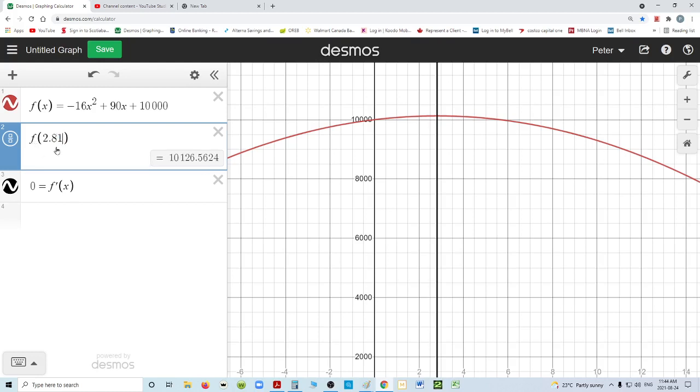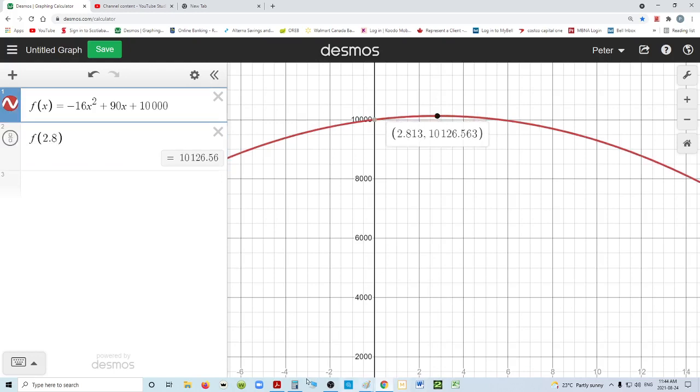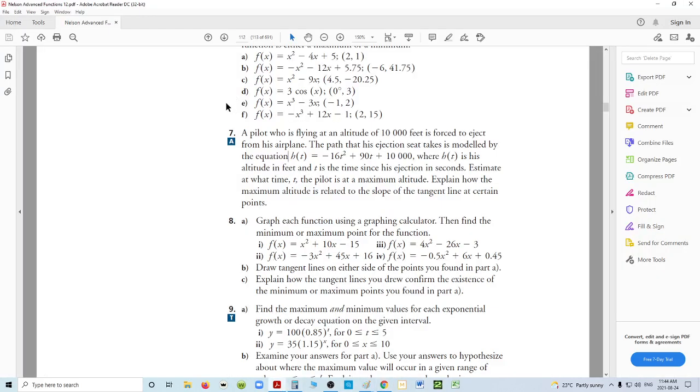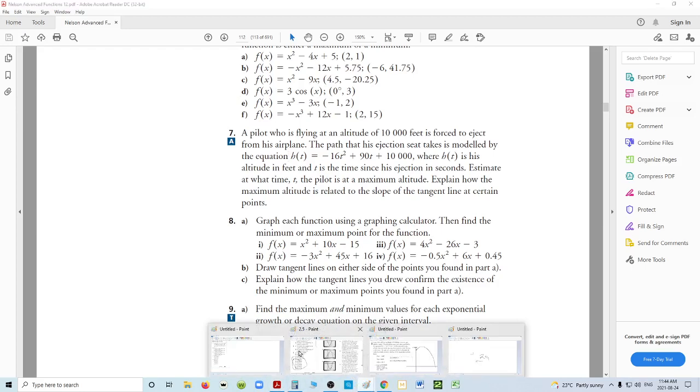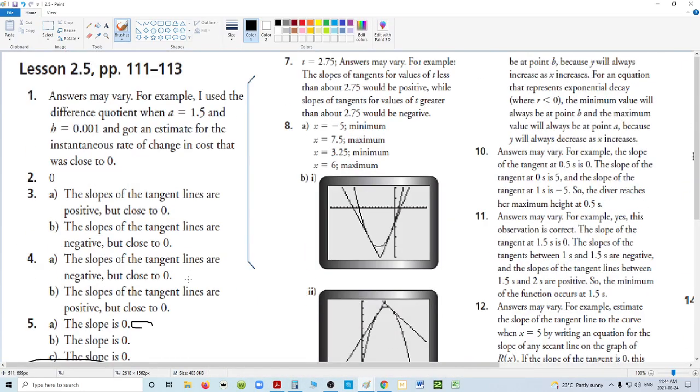So even our fiddling around wasn't accurate. So I would say the best one to do would be 2.8 and then just kind of estimate. Now let's see what the book says. The book says around 2.75. So you can see that they really guesstimate on that one. Answers may vary.